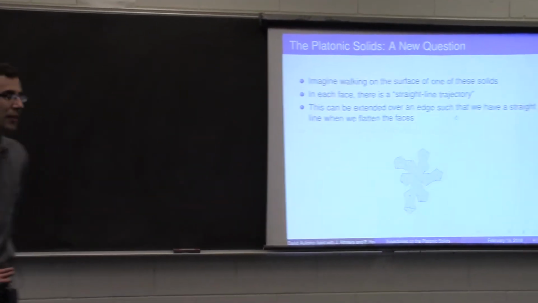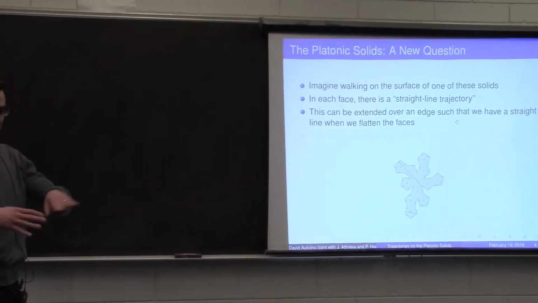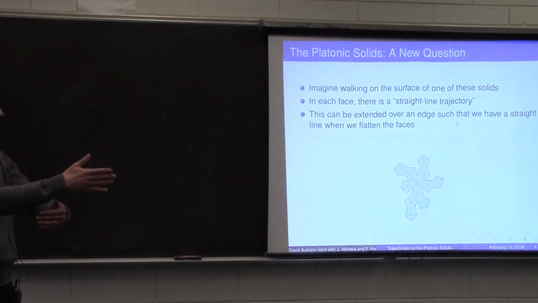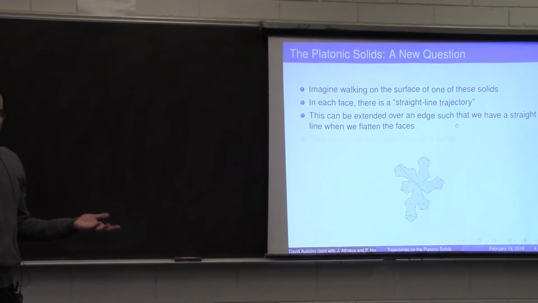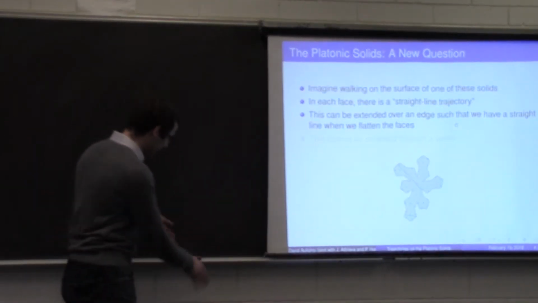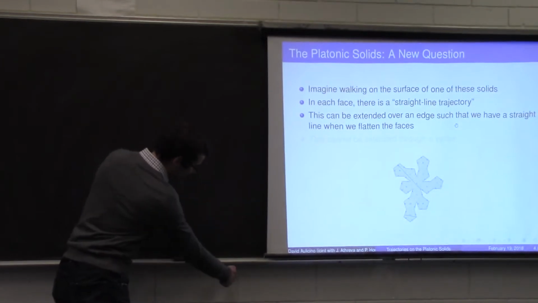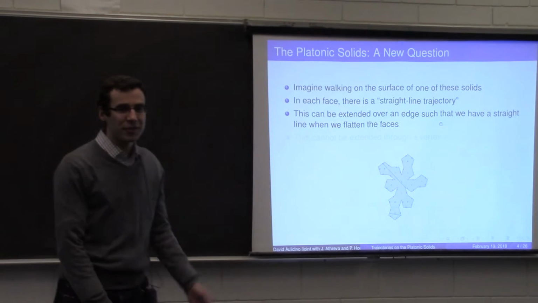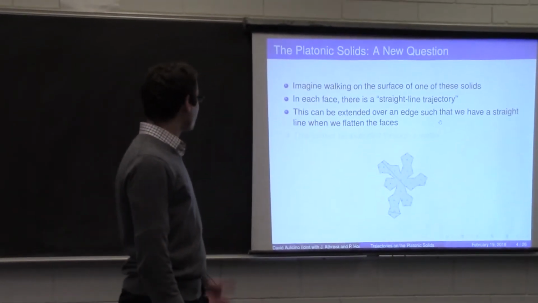That's not a complicating factor, because once we're in the net, it's clear what a straight line is going through that edge. And in 3 dimensions, you could imagine a corner, take a piece of paper, and fold it over the edge. The unique direction it goes in is the direction that your trajectory is going in.